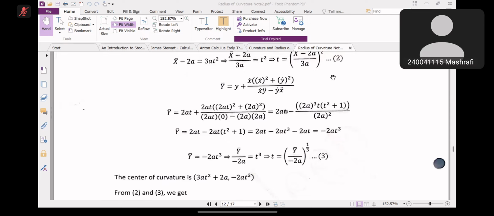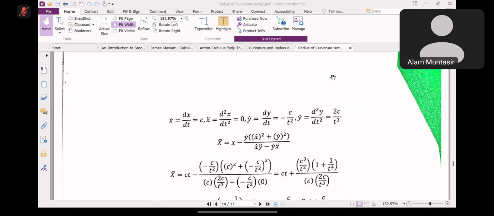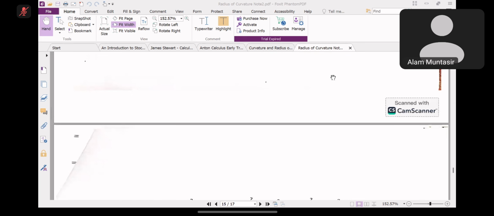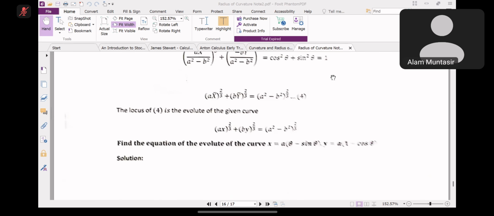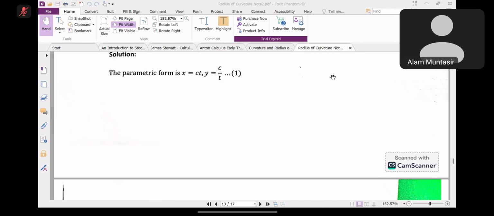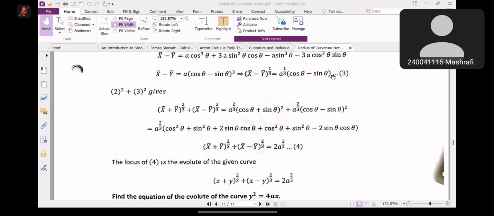Although it was included in your syllabus, I skipped those topics. Just stick to the parametric curve and Cartesian curve for this chapter.